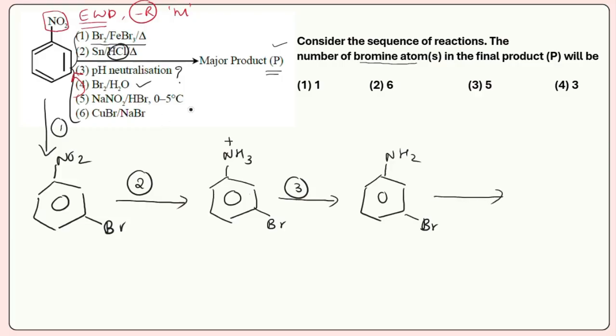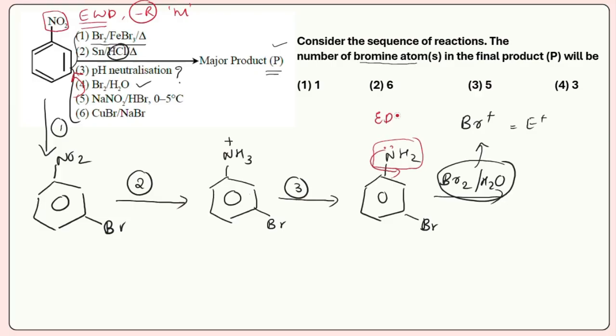So what exactly it means is when you treat this with bromine under water condition, this will form bromonium ion, which is an electrophile, and this will attack the benzene ring. Again, a simple electrophilic substitution reaction. Here we have an electron withdrawing group, whereas NH2 is an electron donating group.